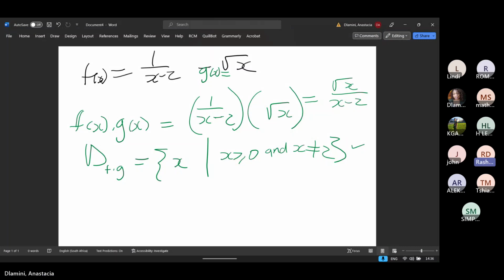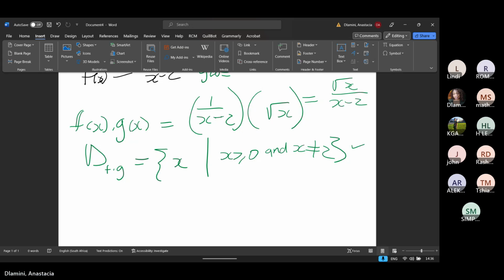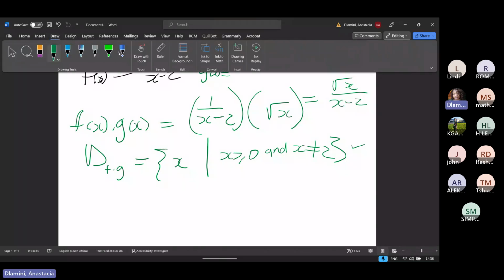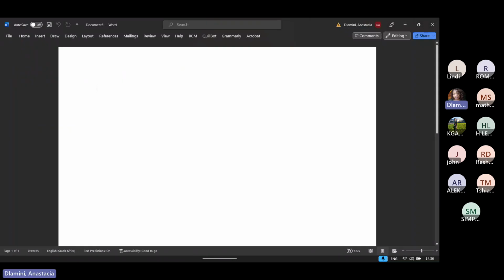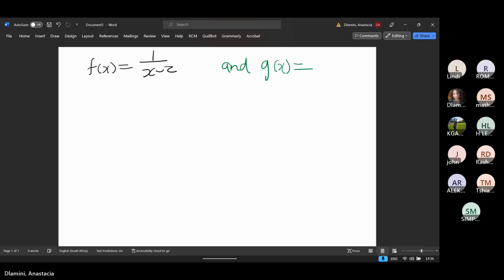Okay. So now I want you to tell me this one. This time, f of x is 1 over x minus 2 and g of x is equal to square root of x.